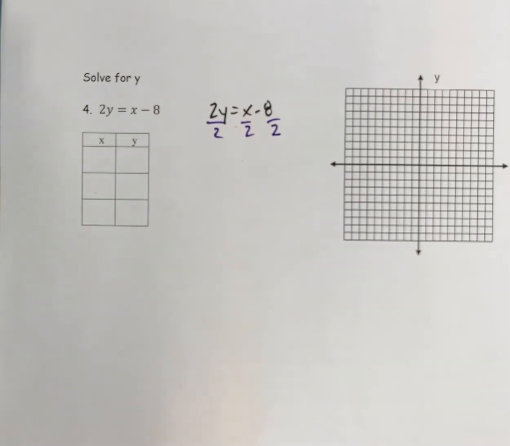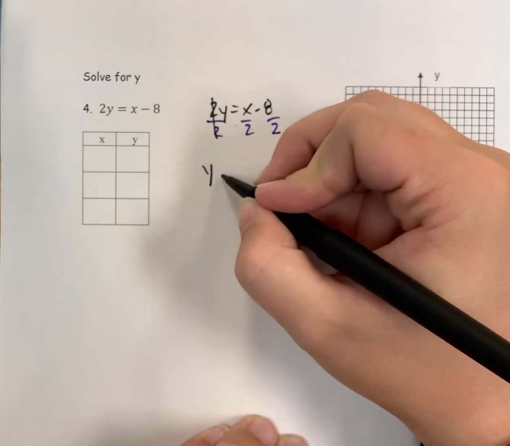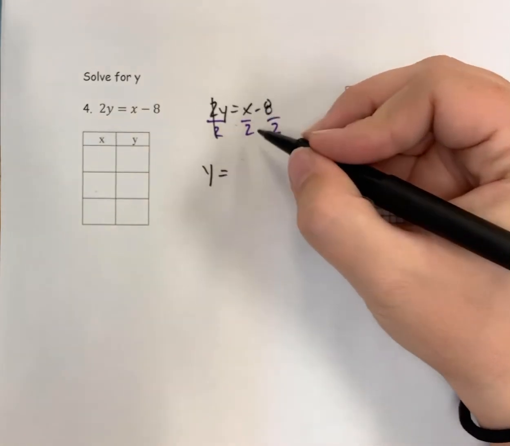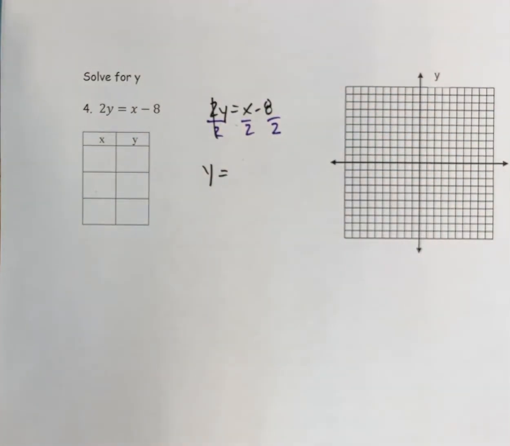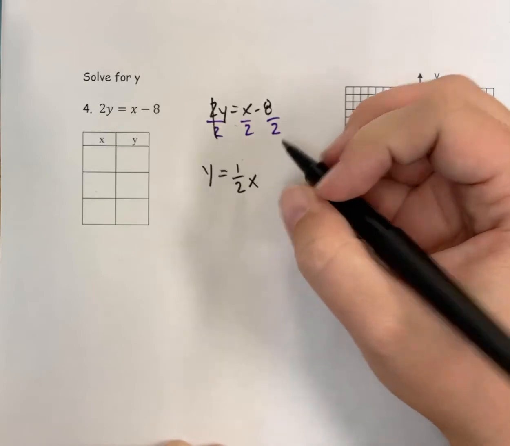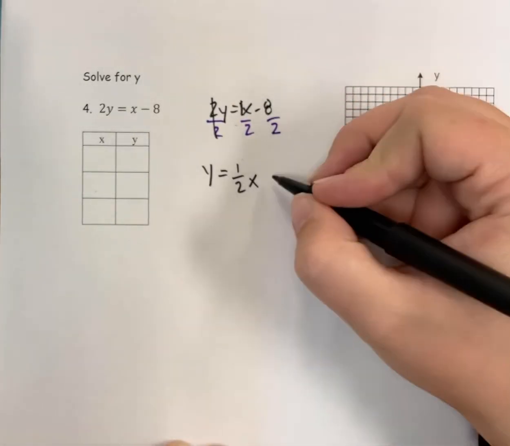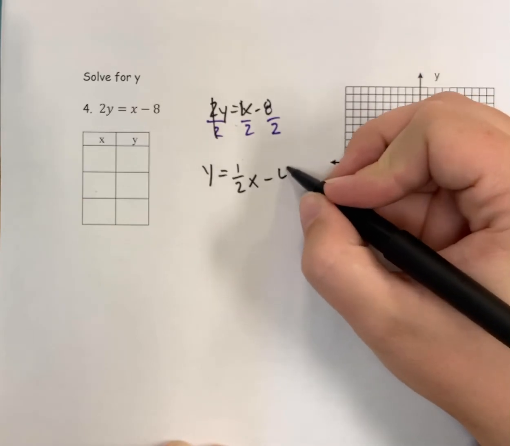So when you take 2 divided by 2, you get 1. So you're left with y equals x over 2, which is the same thing as saying 1x over 2. So it would be 1/2 x, because that's like having a 1 in front of x. Minus 8 over 2, which is 4.